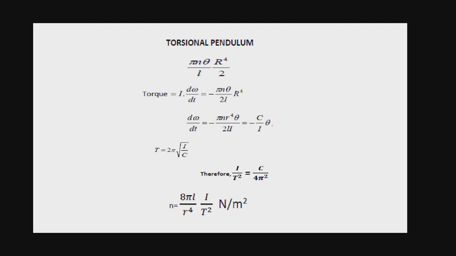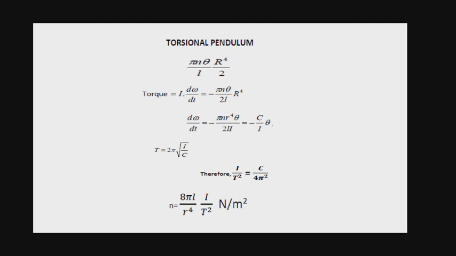So torque is equal to I into d omega divided by dt, which is equal to minus pi eta theta divided by 2L into r to the power 4.